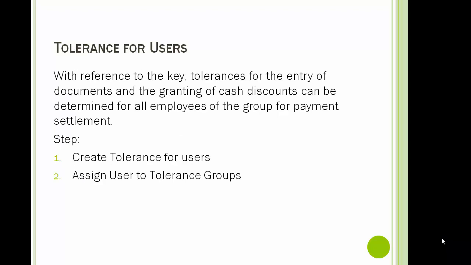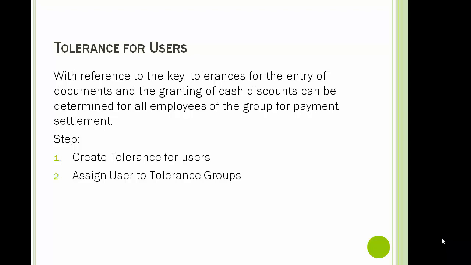The next part is tolerance for the users. Now, with reference to the key, the tolerance for entry of document and granting of cash discount can be determined for all the employees of the groups for payment settlement. To elaborate, basically tolerance means a limit, an amount limit that has been put on the users.